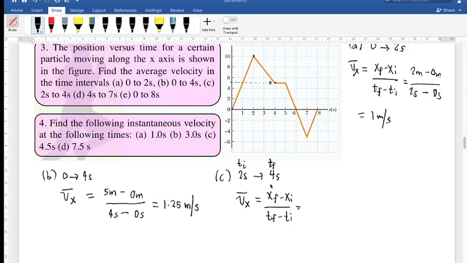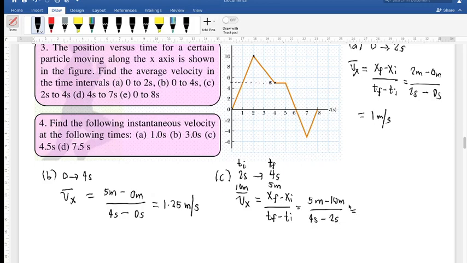The final position at 4 seconds is 5 meters, and the initial position is 10 meters, based on the graph. So we have XF 5 meters minus 10 meters divided by TF 4 seconds minus 2 seconds.